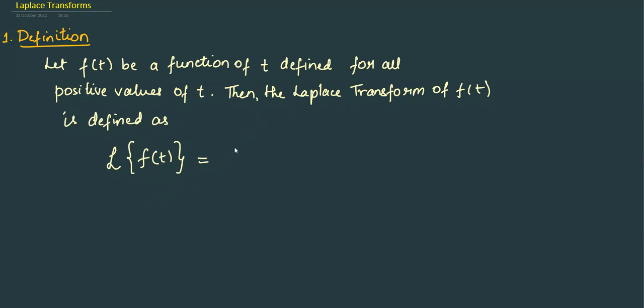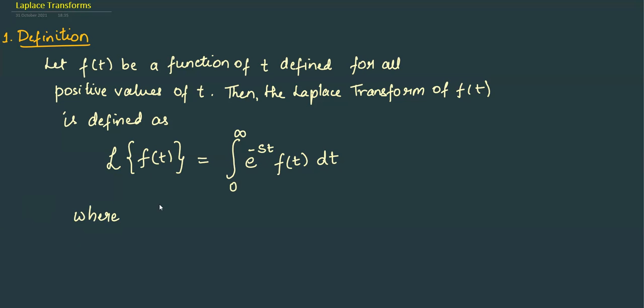It is defined by this integral, 0 to infinity, e power minus st times f of t dt, where of course the integral should exist. Otherwise, if the integral doesn't exist, we say that the Laplace transform doesn't exist.